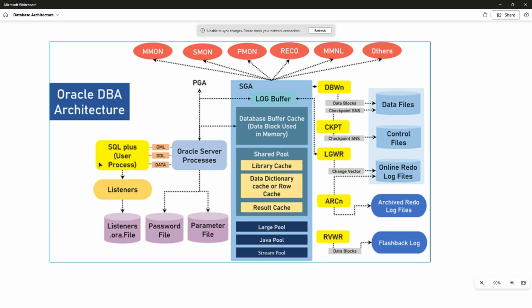Before it connects to the server process, there's a concept called the listener. What the listener does is validate this request, whether it has the right to connect to the Oracle server or not. The listener will have information like IP, port number, basic network information.